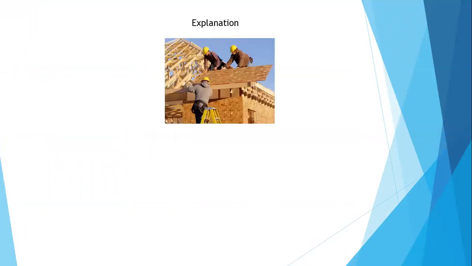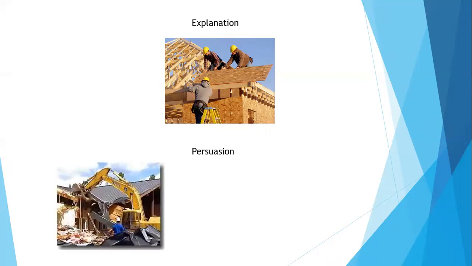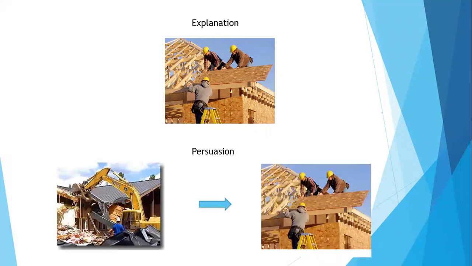What we did last class was explaining something, and explaining something pretty much looks like building something, right? If I want to explain an idea, I bring concepts one by one, as I said. I provide examples, and I little by little build an idea. So persuasion starts with destroying an original idea and then building a new one.